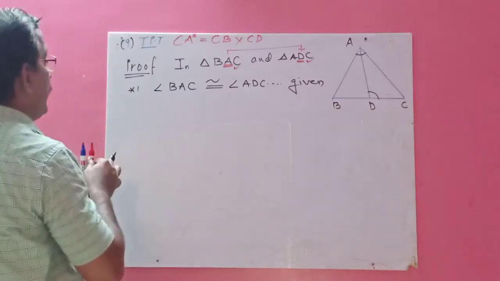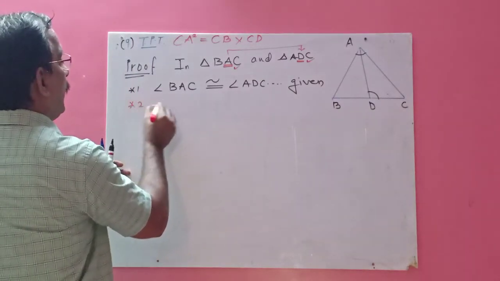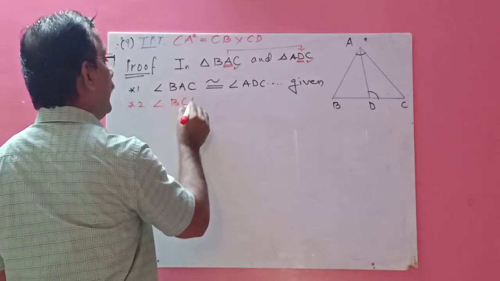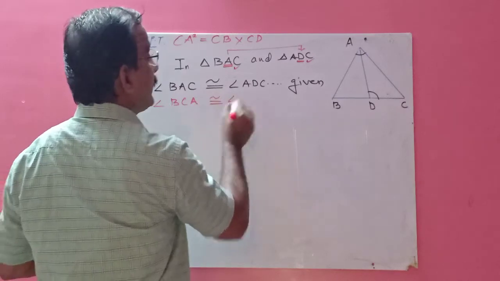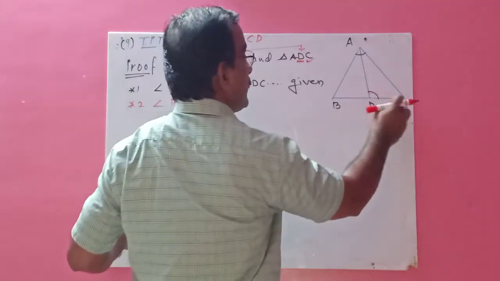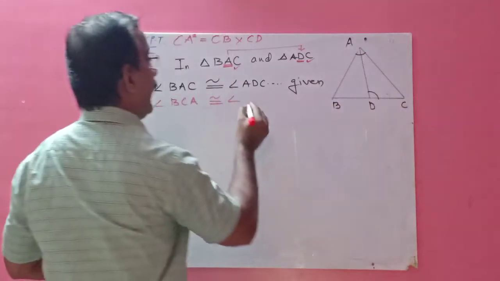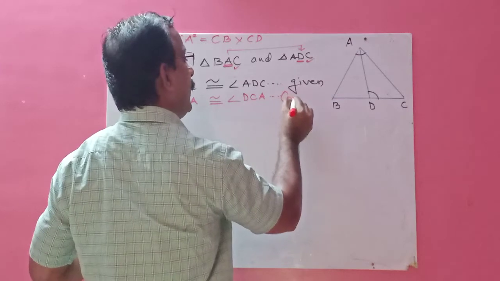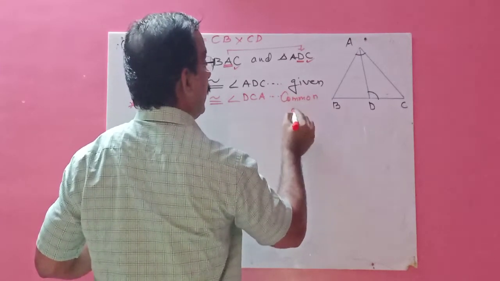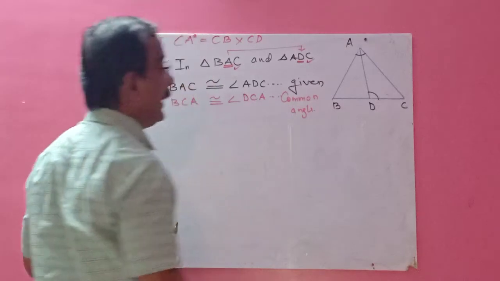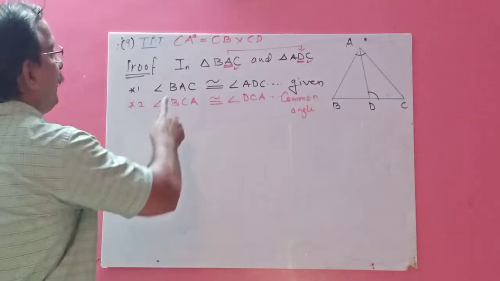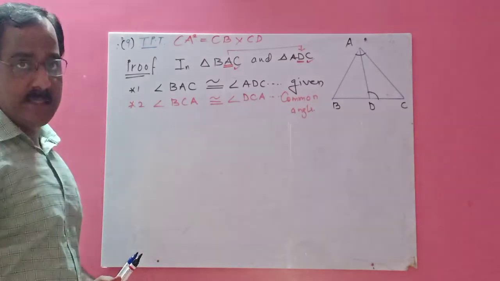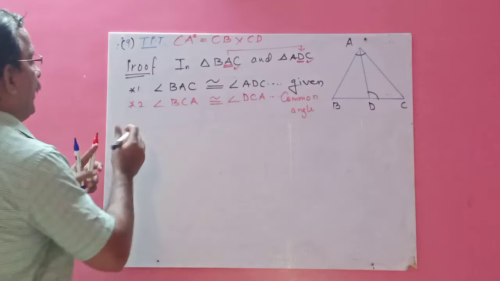So second point is angle BCA is congruent with angle DCA. Reason for this, common angle. Okay, so you got two pairs of angles congruent between both the triangles. What can you say about the triangles? They are similar.